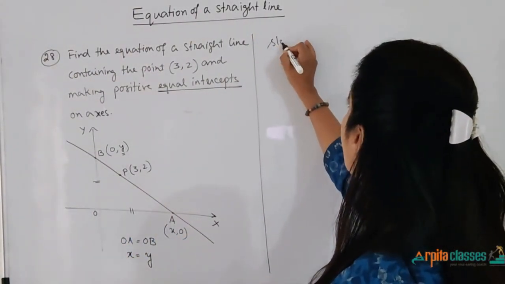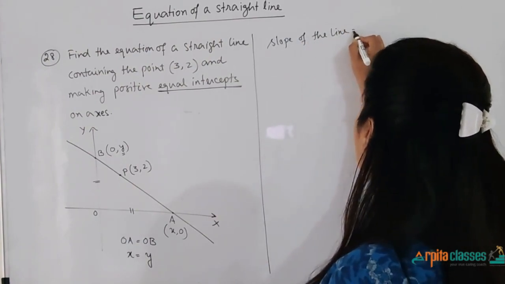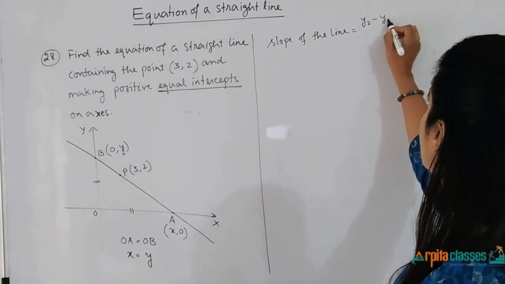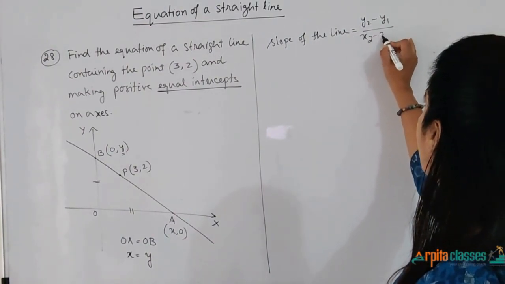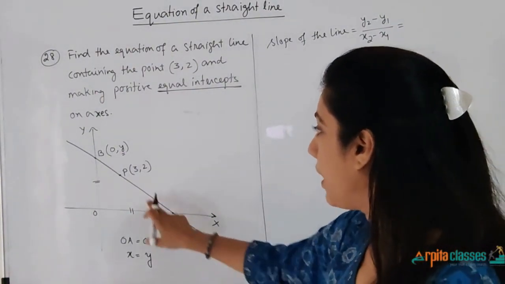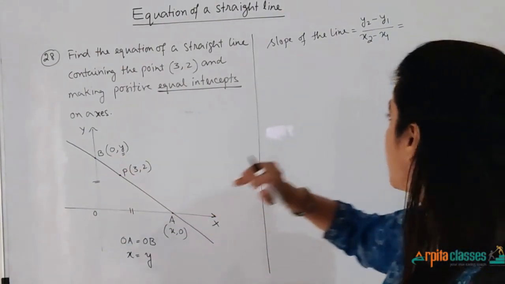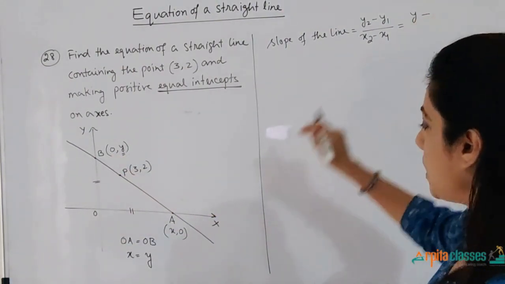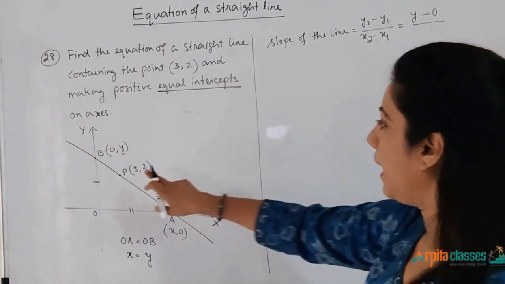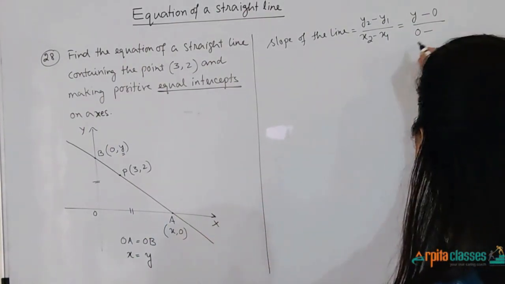We have the formula for the slope, that is y2 minus y1 upon x2 minus x1. Now we consider this as x1, y1 and this as x2, y2. So y2 is y here minus y1, which is 0, divided by x2, which is 0 here, minus x1, which is x.